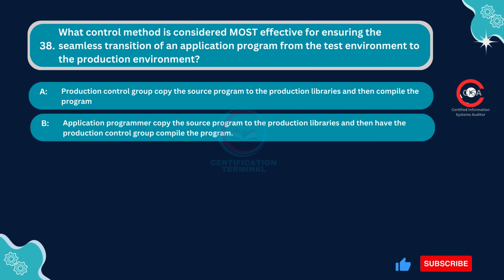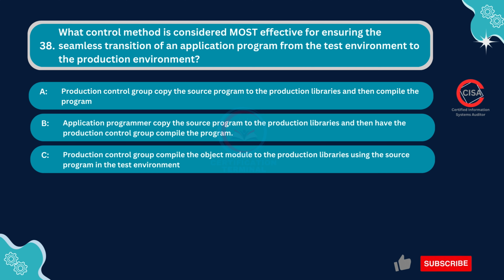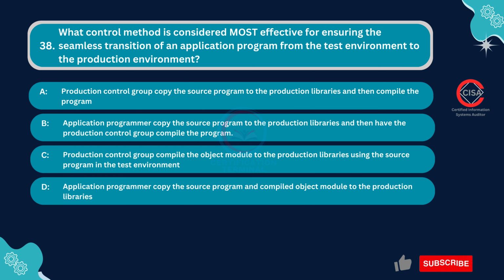Option B. Application programmer copy the source program to the production libraries and then have the production control group compile the program. Option C. Production control group compile the object module to the production libraries using the source program in the test environment. Option D. Application programmer copy the source program and compile object module to the production libraries.